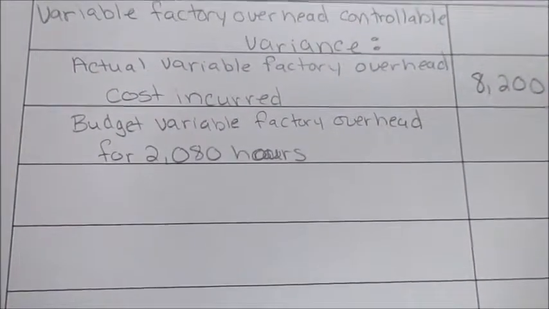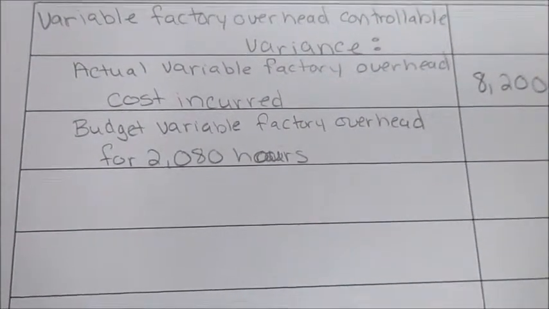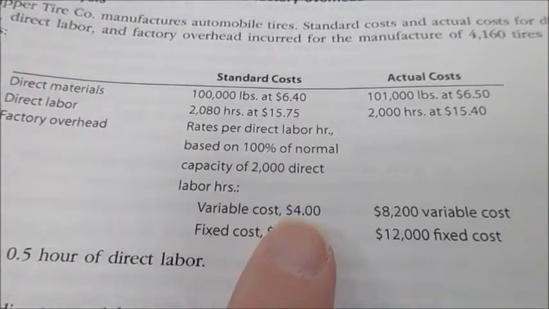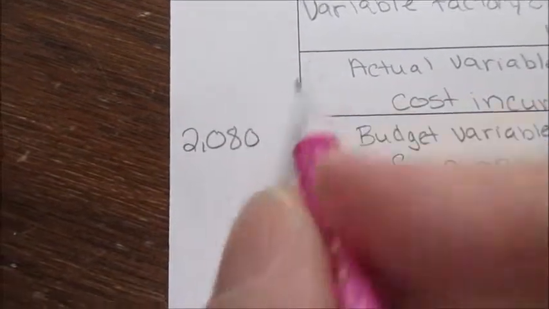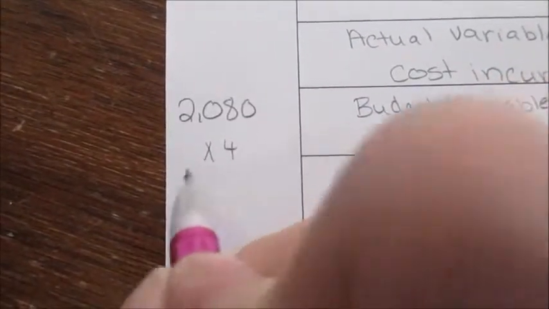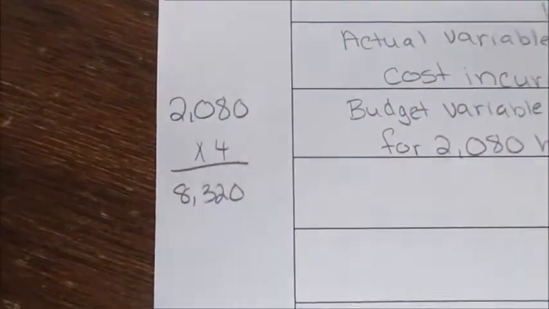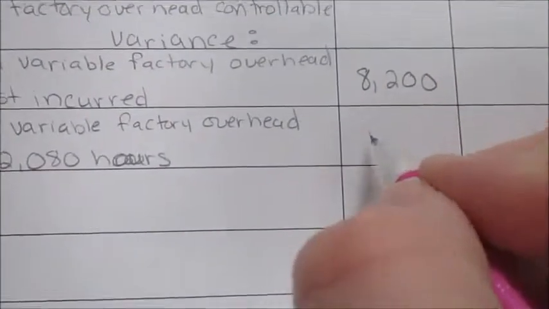Okay, our budgeted variable factory overhead for our 2,080 hours, because we went over that 2,000 hours. So our textbook tells us that our standard variable cost was $4 per hour. So we're going to take that 2,080 times the $4, and I get 8,320. So that's what's going to go here.